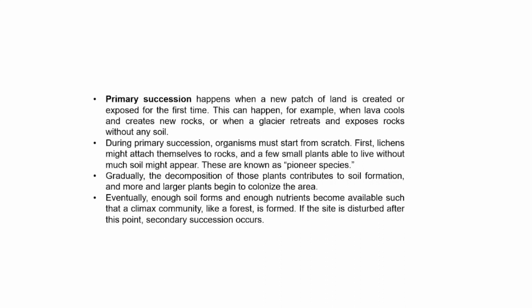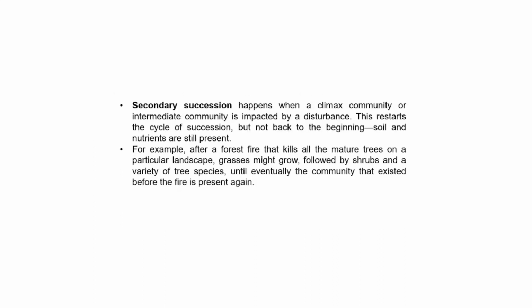Now if this site, once the climax community is formed, is disturbed at any point of time, that is when secondary succession occurs. The name is very self-explanatory. In secondary succession, a climax community was already there in that area.